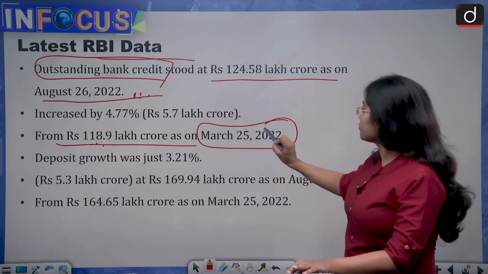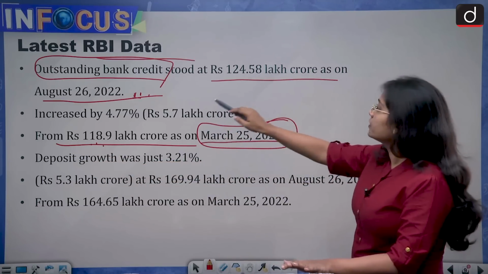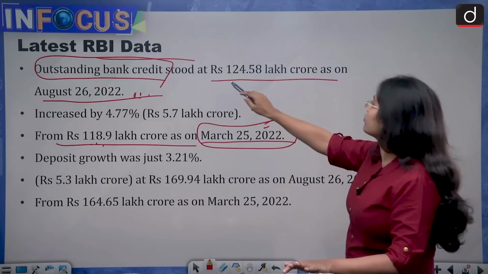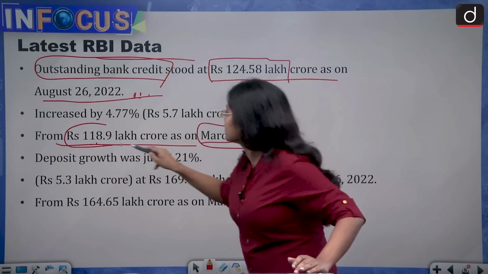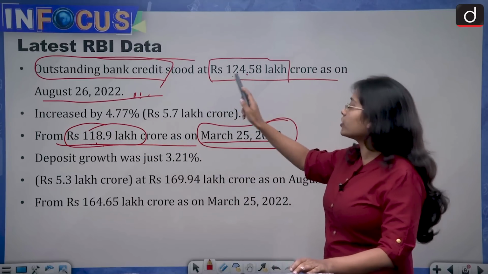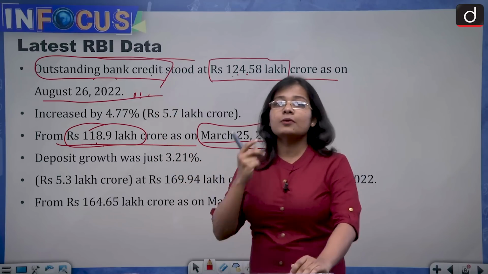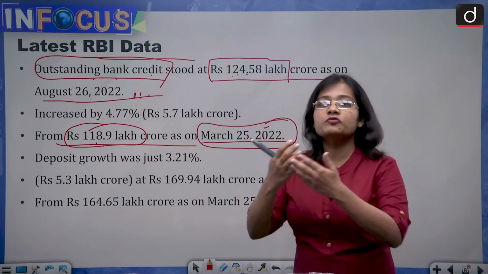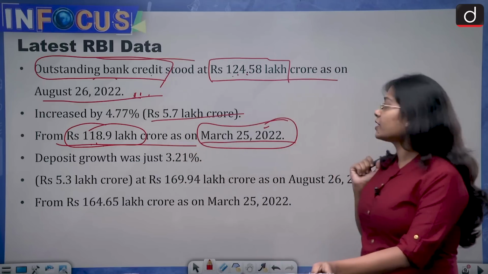It means it has increased from 118 to 124. This increment is outstanding bank credit. It means the amount which the bank owes to someone else is increasing, and it has increased by 5.7 lakh crore.